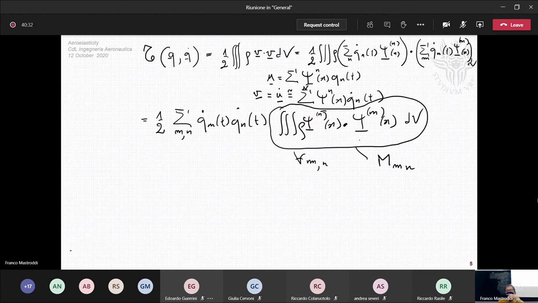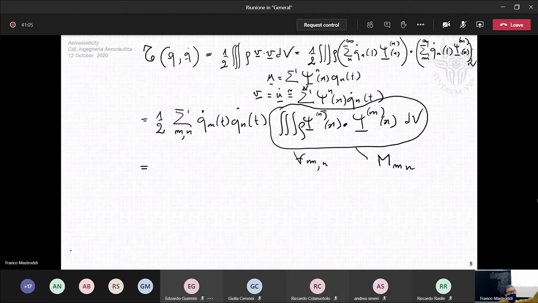And these coefficients describe a table of numbers which are defining a mass matrix. This is also known as the mass matrix. Okay, and if you consider this algebraic discretized definition, here you have equality if you take infinite contributions.